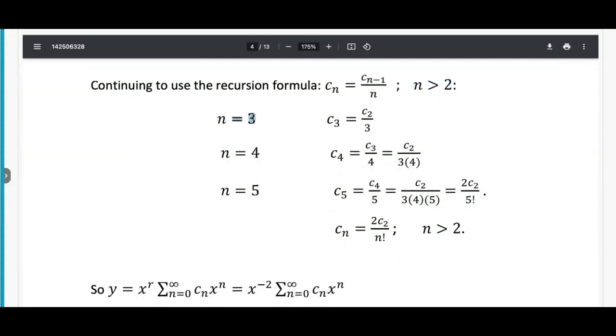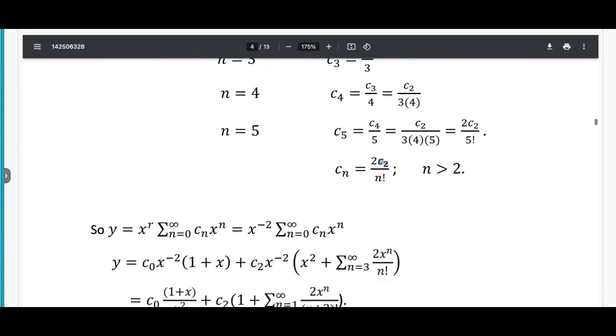We start with 3 for this case, but then term 3 and term 2 have such a relation. So in the end, the nth term is 2 over n factorial of C2. So we have this nth term representation.